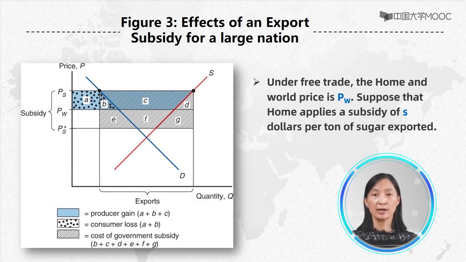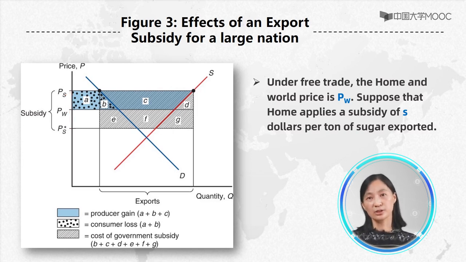Suppose that home applies a subsidy of S dollars per ton of sugar exported. The price in the home country rises from PW to PS, while the price in the importing country falls from PW to PS star, so the price increase is less than the subsidy.